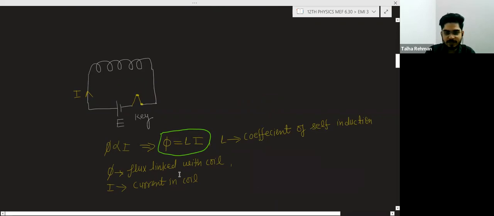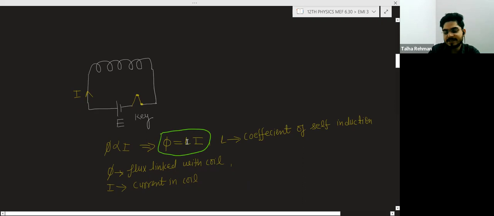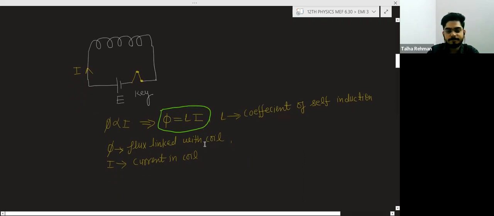Phi is the flux linked with the coil, I is the current in the coil. So this formula you should know. What is the formula of mutual induction? Phi is equal to M i. And here L is the coefficient of self induction. Phi is equal to L i.